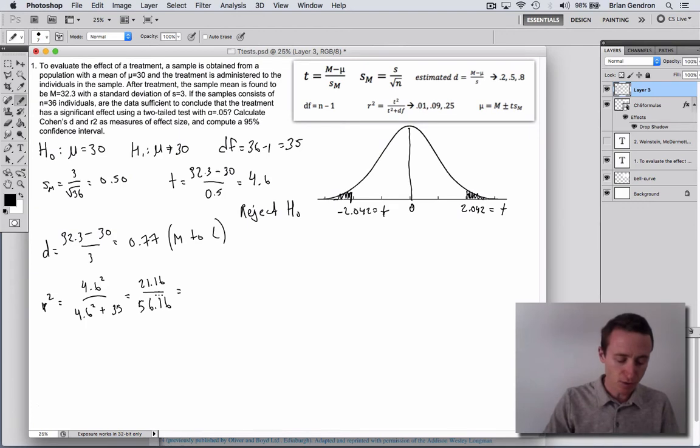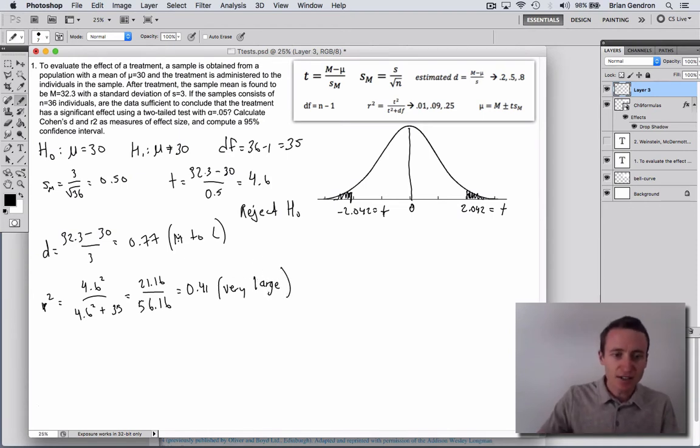And that gives us a total r squared value of 0.41. All right, so according to r squared interpretation values, large is 0.25. So this, we could say large or very large, since it's above that cutoff value.